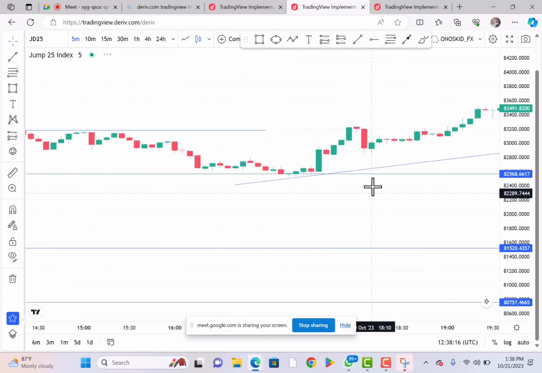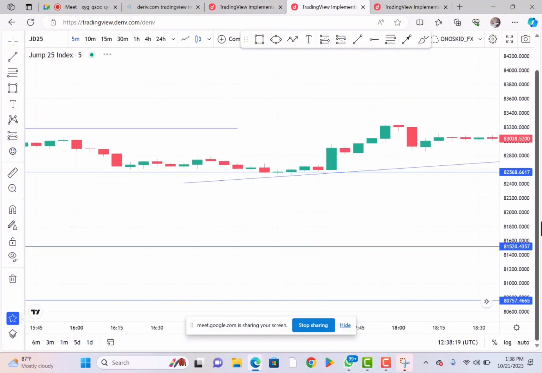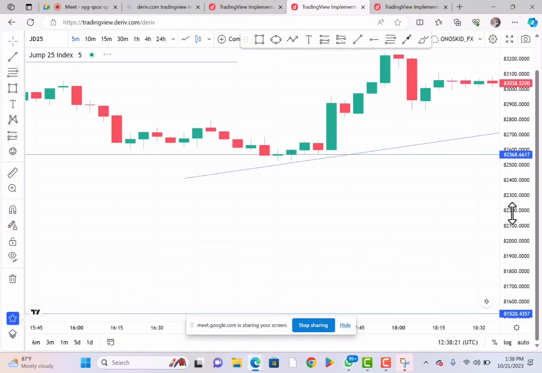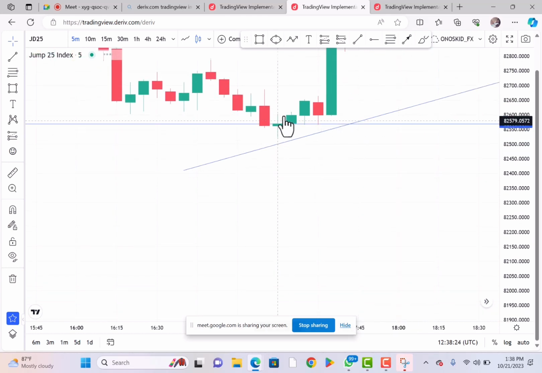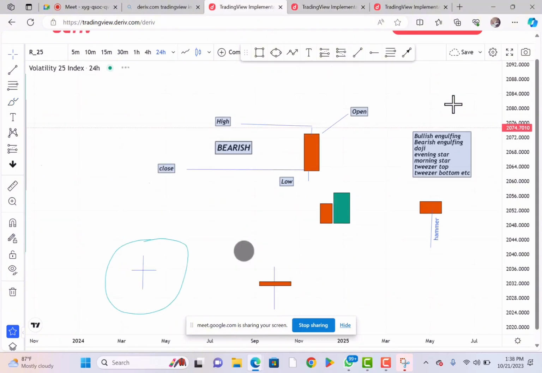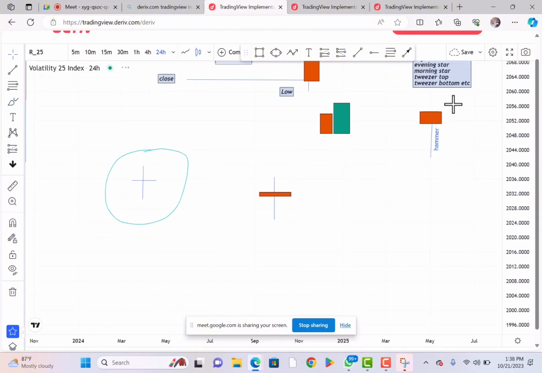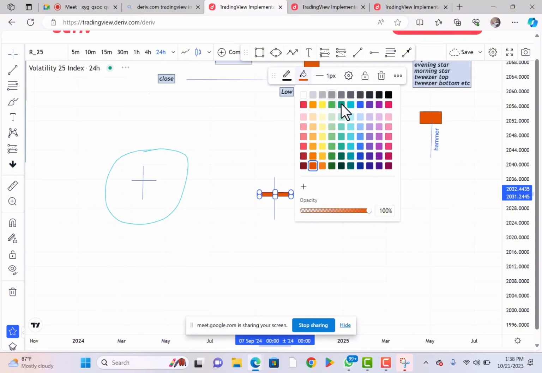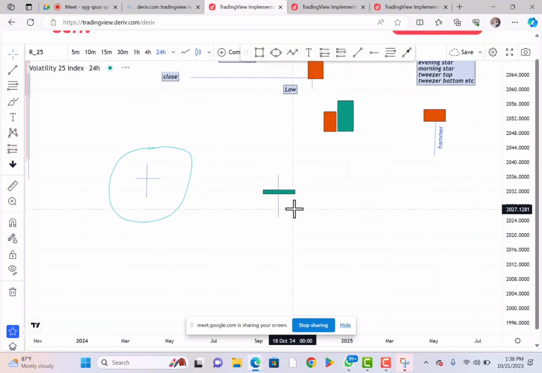Also, if you look at this particular candle here, let me circle it so that you can see. It looks like this candle that you're seeing right now. It's just that if I change the color to probably green, I believe you guys can see it clearly.